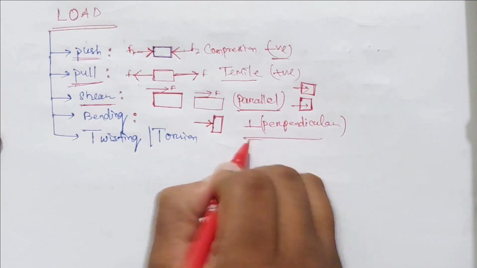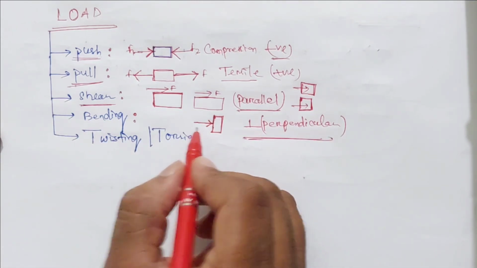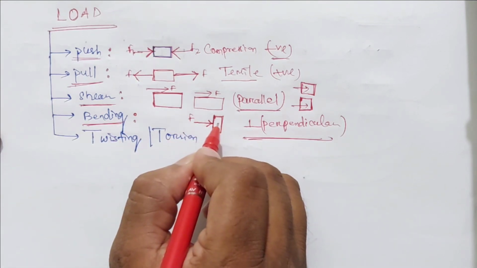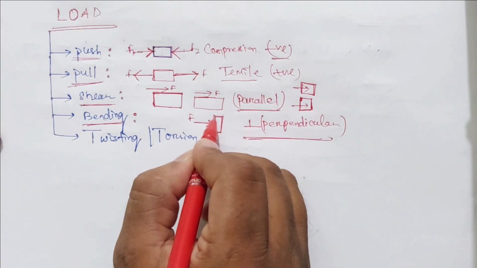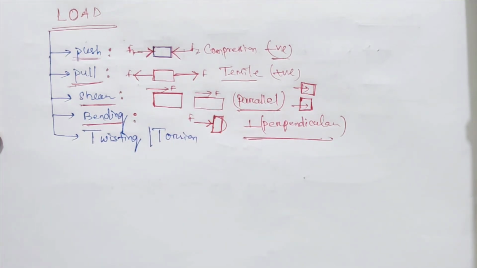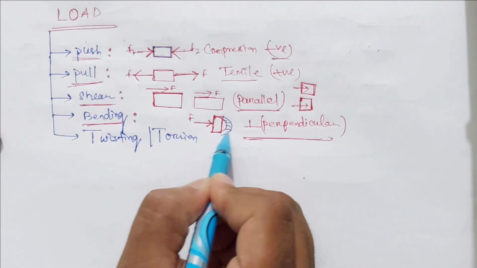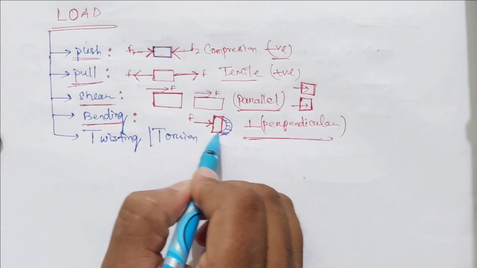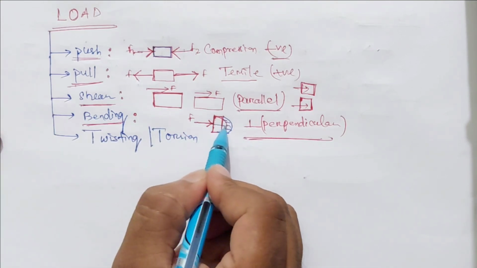When perpendicular forces act on a body, then we can say this is the bending force. After the application of force, you can see the structure will be bent like this. So this is the bending force.